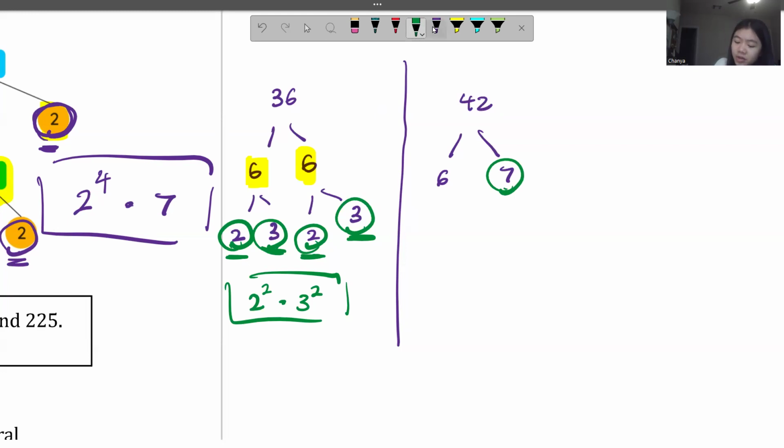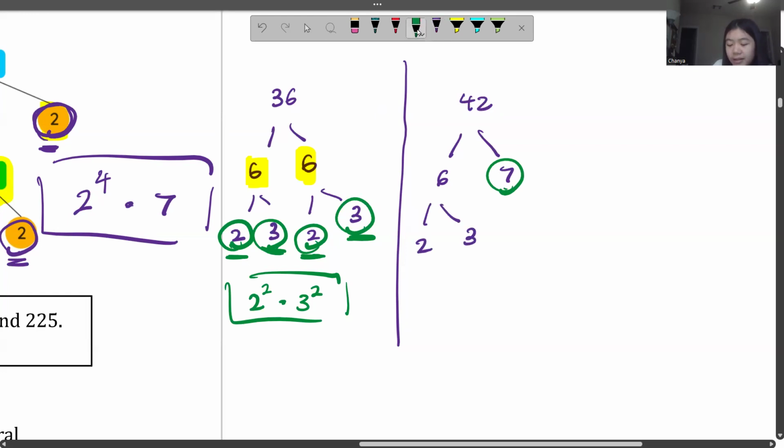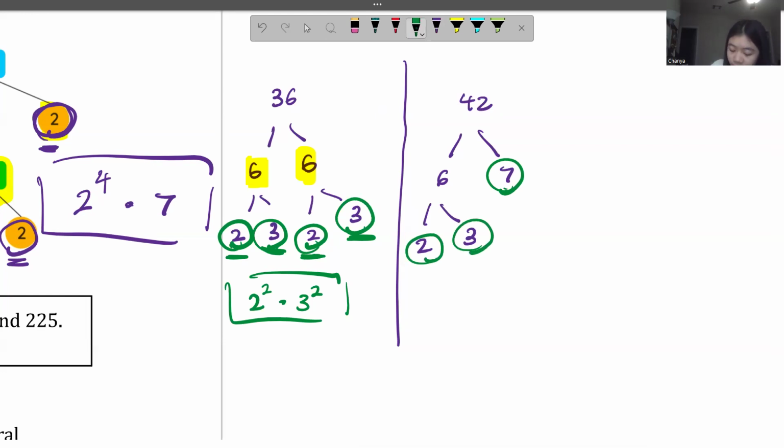But I know that 6 can be further broken down, so I'm going to break it down. 6 is 2 times 3, right? And I noticed that 2 and 3 are prime, so I can immediately circle them and I'm done. So since we have one 2, one 3, and one 7, the prime factorization of 42 is 2 times 3 times 7.